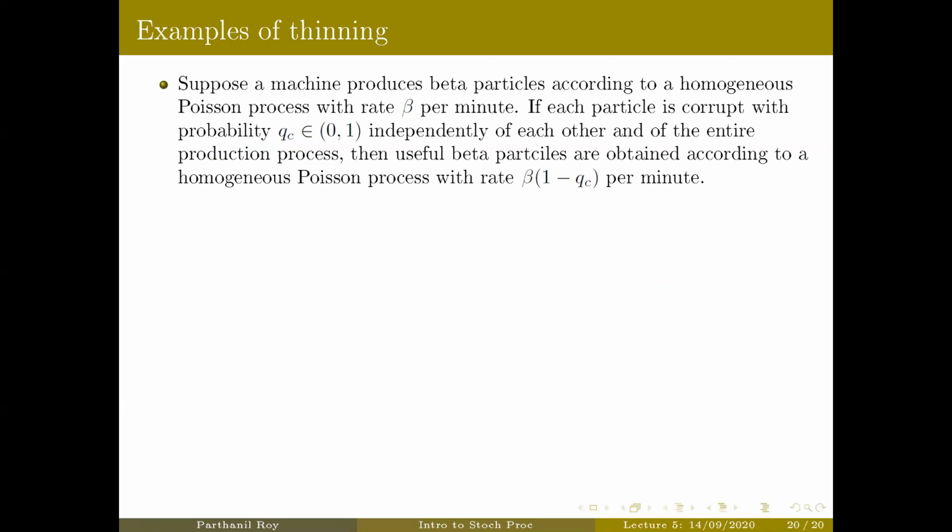If each particle is corrupt with probability QC, where QC denotes corrupt, independent of each other and of the entire production process, then the useful beta particles, the beta particles that are not corrupt, form a homogeneous Poisson process. Their arrivals essentially form a homogeneous Poisson process with rate beta times 1 minus QC per minute.